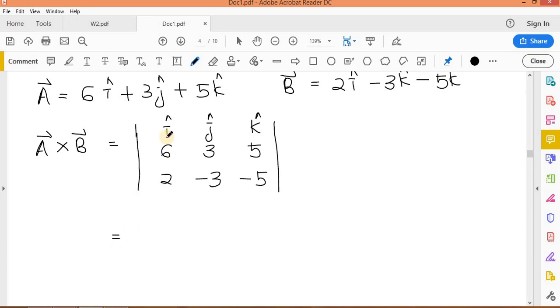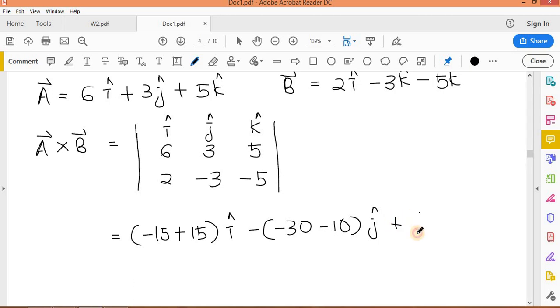Now how to solve it. This one will be negative 15 minus negative 15. When you have 2 minuses, it becomes positive. And this one will be 6, negative 30 minus 10 for your j.